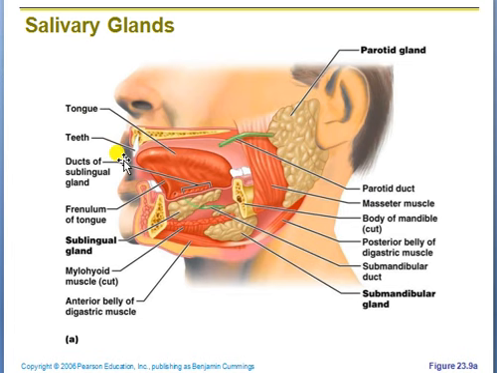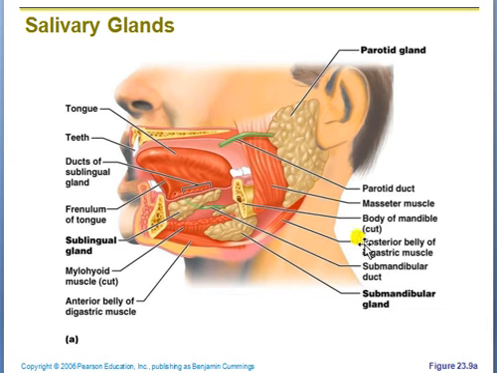So this diagram is very essential. This is the sublingual gland, just below or beneath the tongue. Then the submandibular gland is just below the mandible. Then the parotid gland is at the backside of the mouth, posterior to the tongue and just near the pharynx.